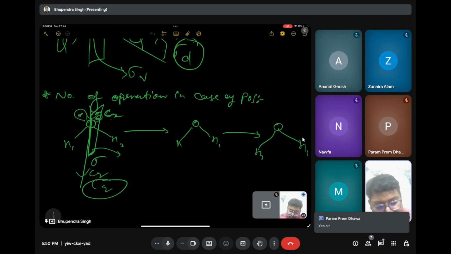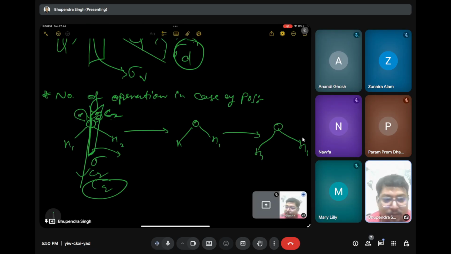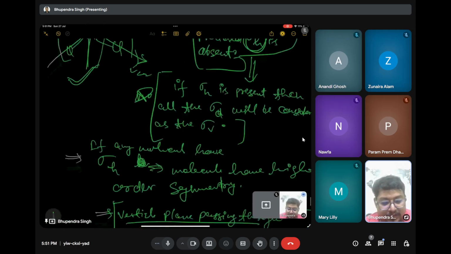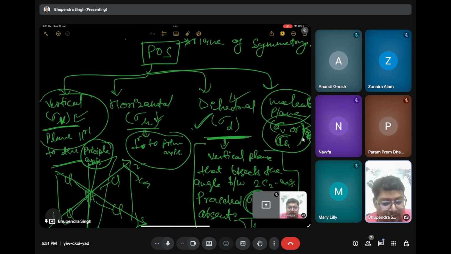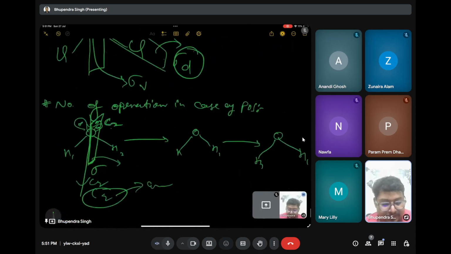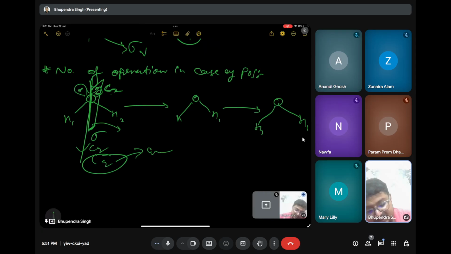So, is it really perpendicular or parallel? I can see that it is not perpendicular to the principal axis, because the principal axis is the C2 axis here, and this plane is parallel to the C2 axis. So according to the definition, it could be sigma V or sigma D, because sigma H is not present anyway.